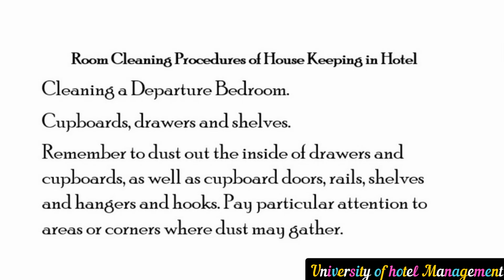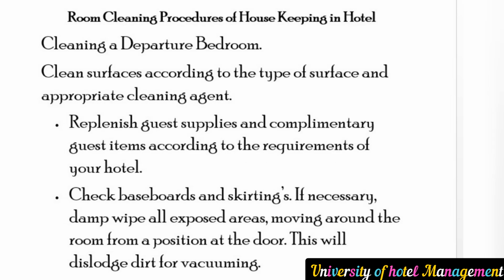Remember to dust out the inside of drawers and cupboards, as well as cupboard doors, rails, shelves, and hangers and hooks. Pay particular attention to areas or corners where dust may gather. Clean surfaces according to the type of surface and appropriate cleaning agent. Replenish guest supplies and complimentary guest items according to the requirements of your hotel.